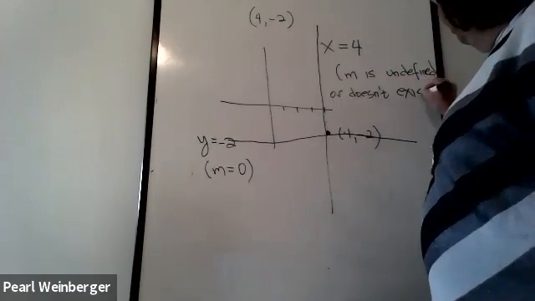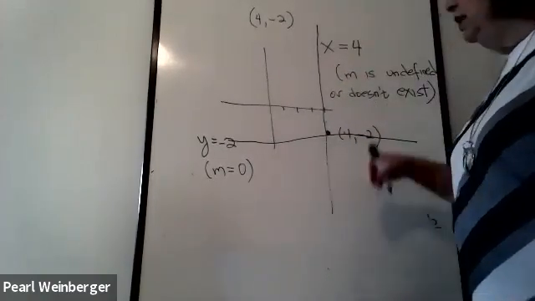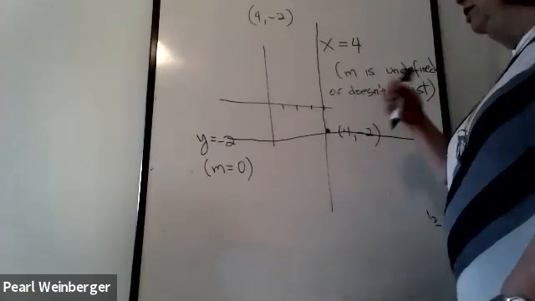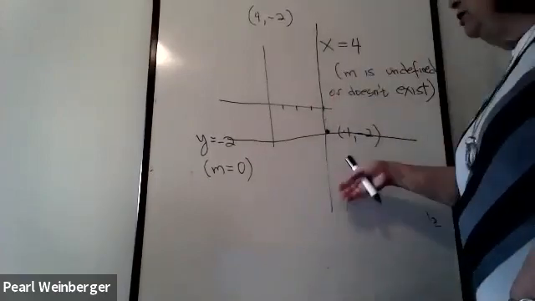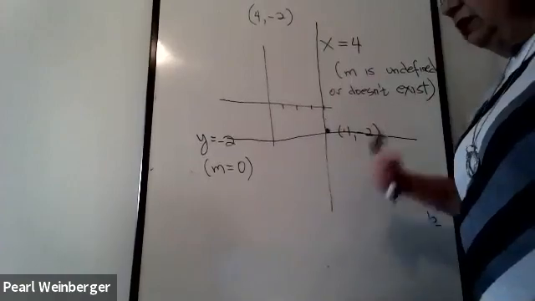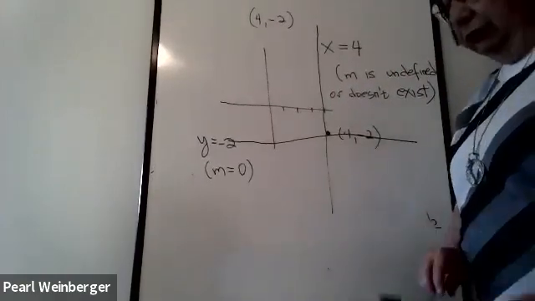Either way you mention it, a vertical line doesn't have a slope. It's not that the slope is zero. Zero is a number. It has no number slope. It's got a zero in the denominator and therefore it's undefined. So those are the two special lines that we sometimes come across.